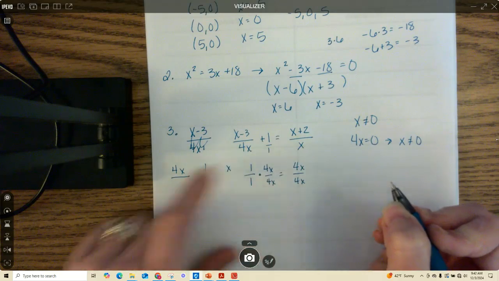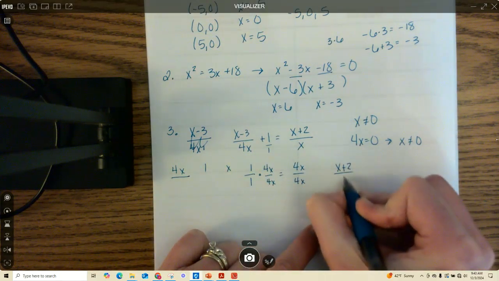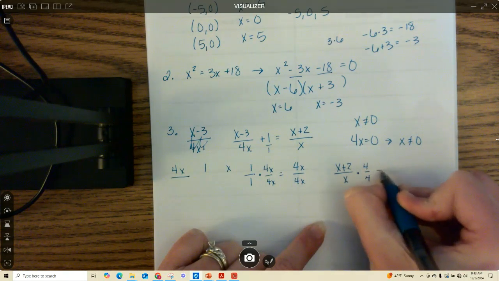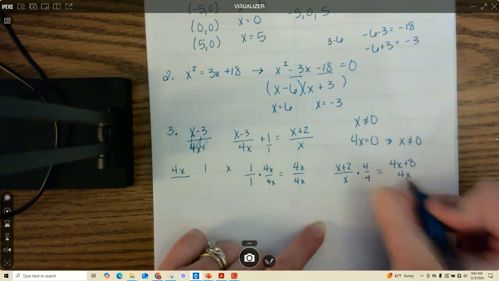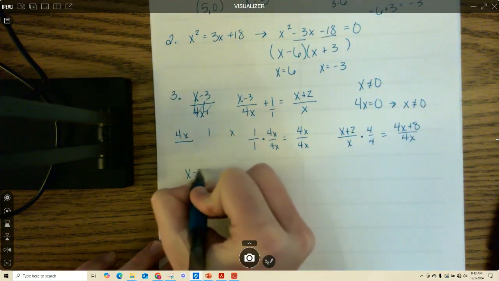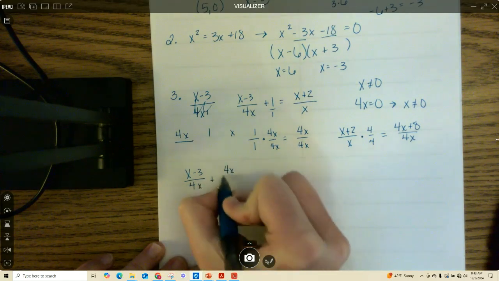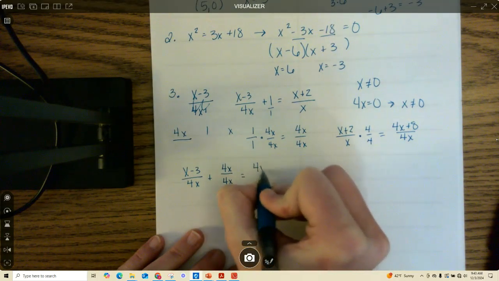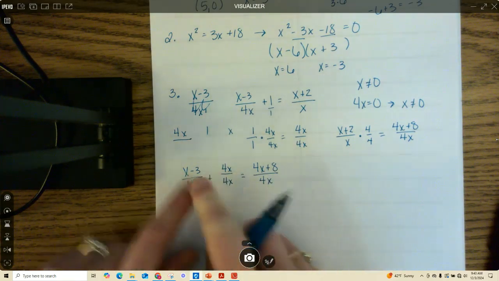To turn an x into a 4x, I'd multiply by 4. So x plus 2 over x, multiplied by 4 over 4, gives 4x plus 8 over 4x. Now my equation is x minus 3 over 4x plus 4x over 4x equals 4x plus 8 over 4x.